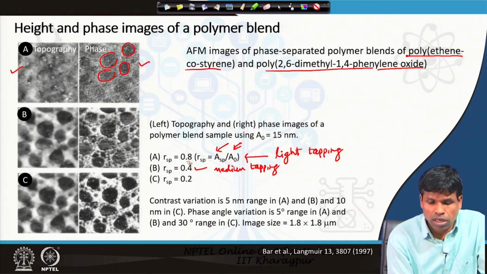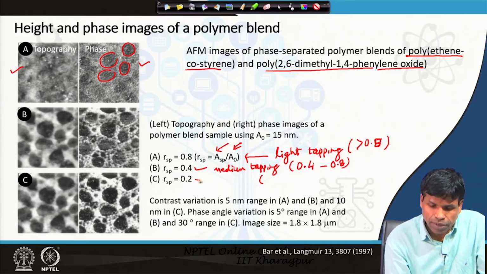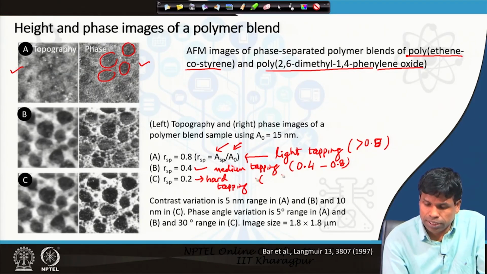Light tapping is almost greater than 0.8. On the other hand, medium tapping is normally 0.4 to 0.8, and if it is less than 0.4, it is hard tapping.